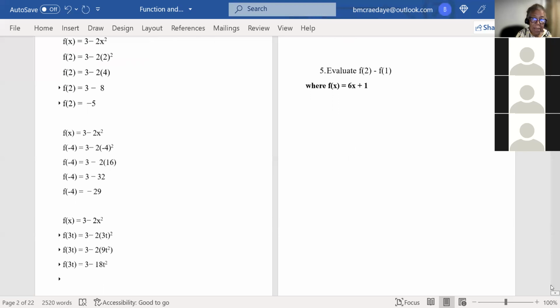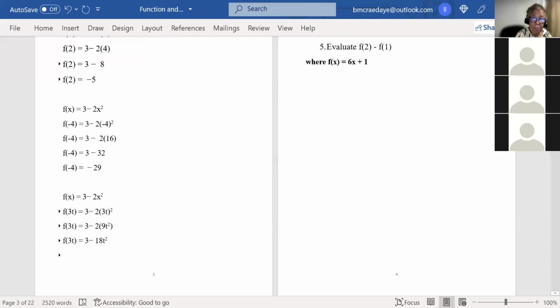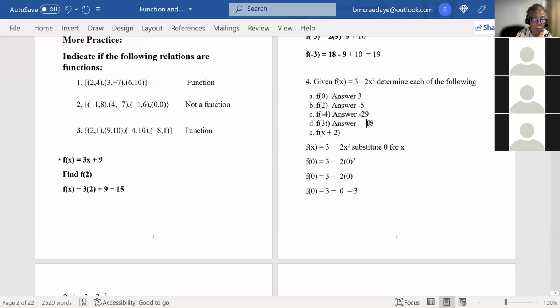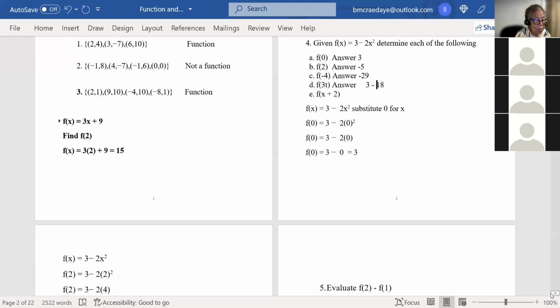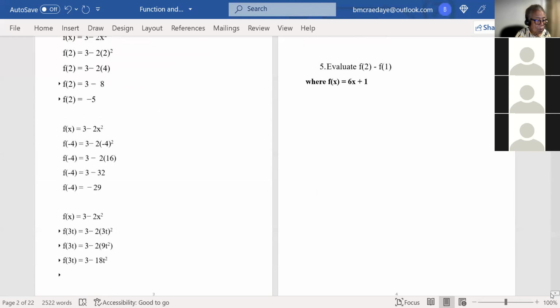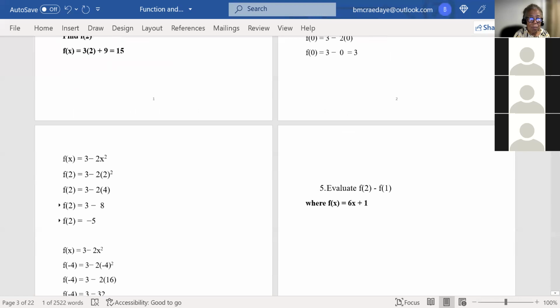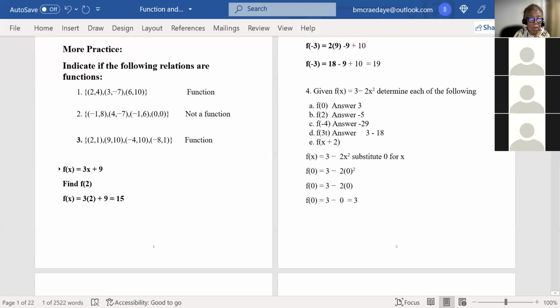No, 3 minus 18 t squared. So you got one more.